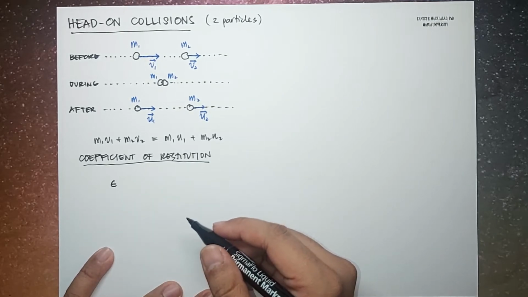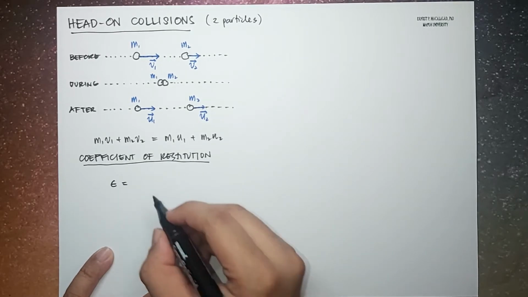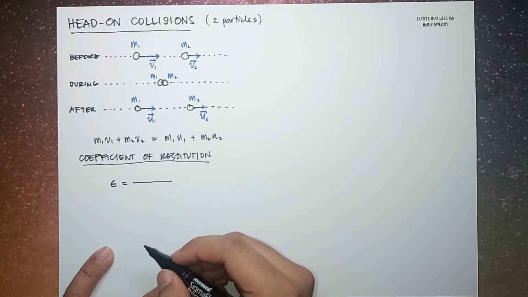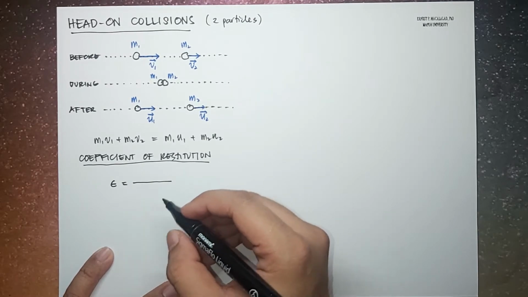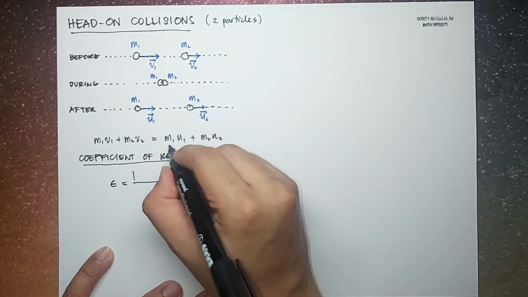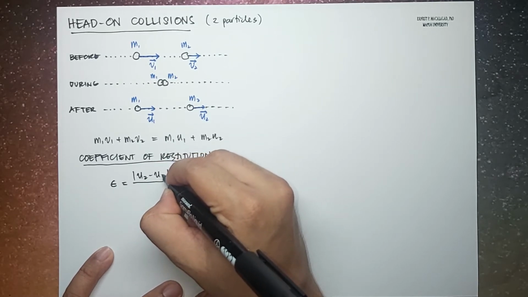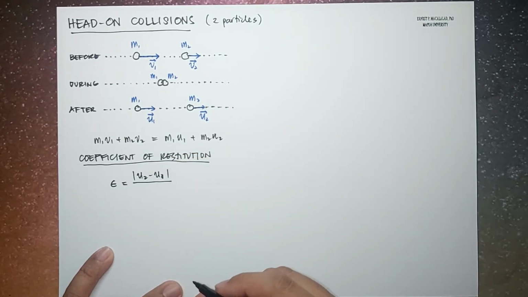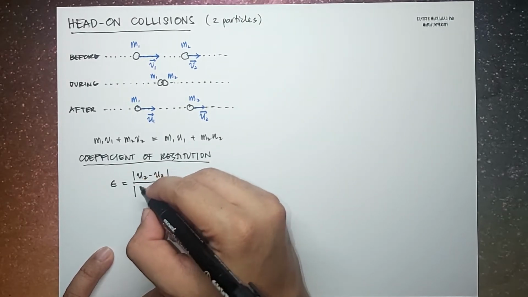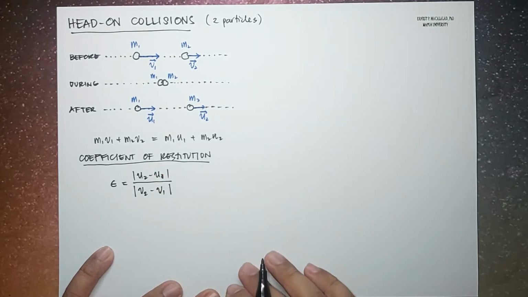Usually some books use E, and this is equal to the ratio of the speed of separation, that means the relative speeds of the two objects after they collided, so this is u2 minus u1, over the speed of approach, or the relative speed of approach, so that's v2 minus v1.